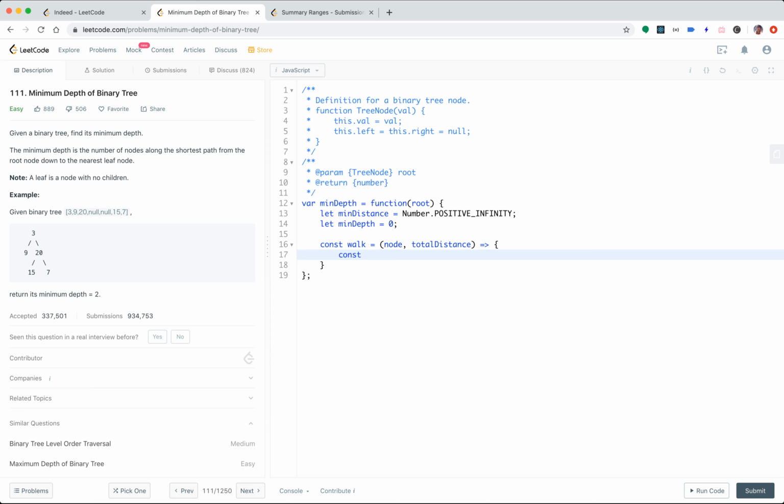Const distance, past distance. If node, okay, distance is past distance plus node val.